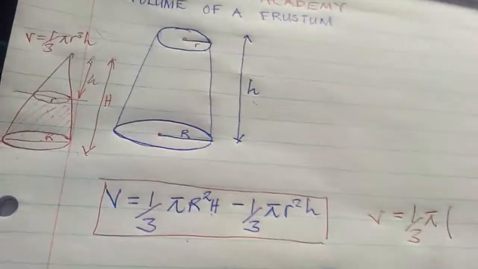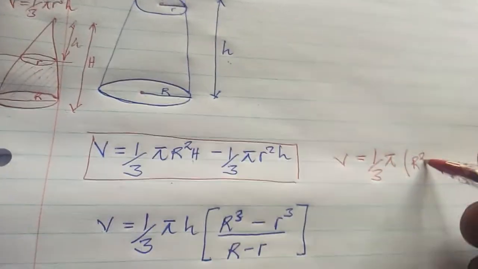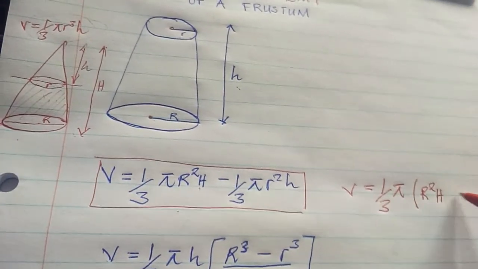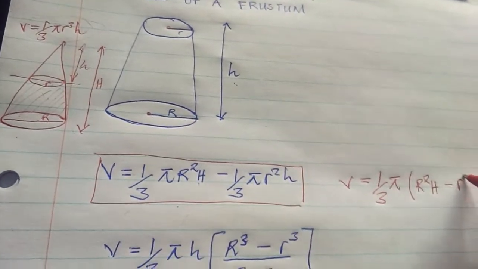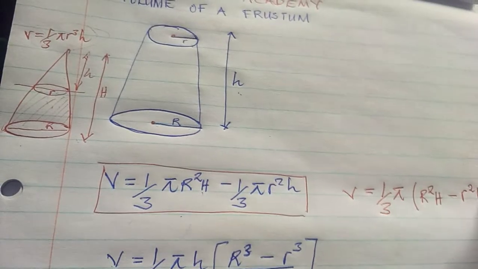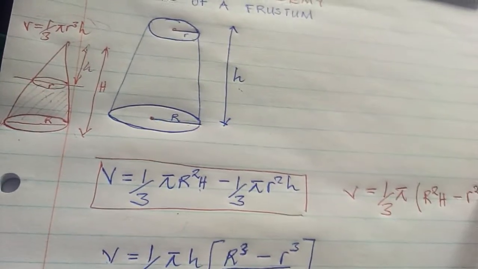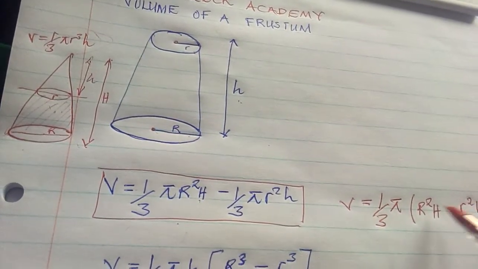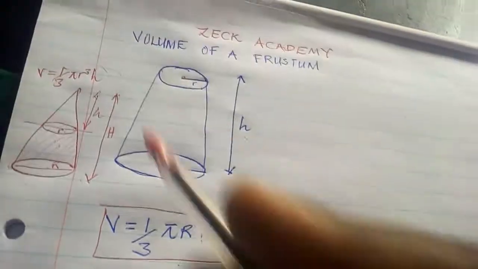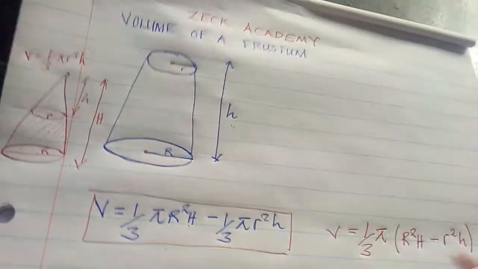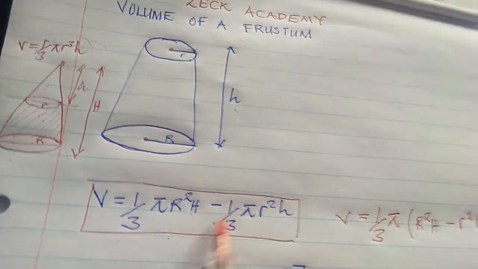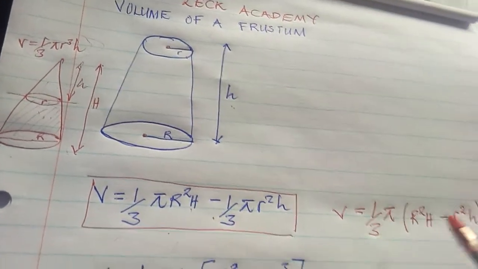Then we remain with R squared H minus r squared h. This is for the smaller cone, which is the top part, and the R squared H is for the bigger cone, which is everything here. So this is one method we can use.